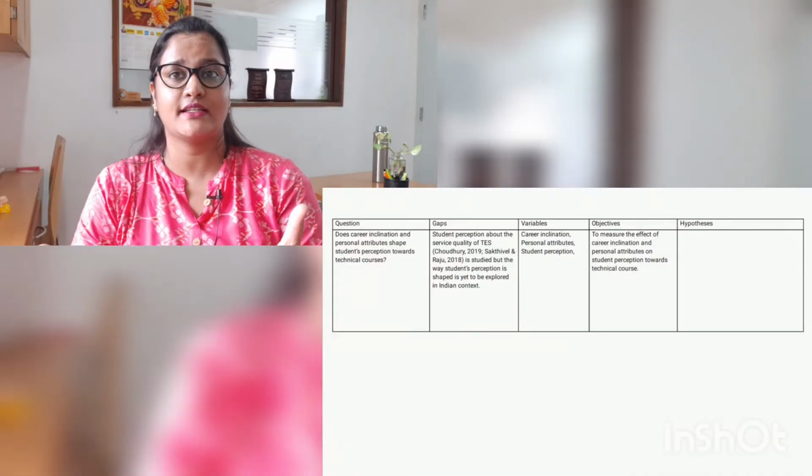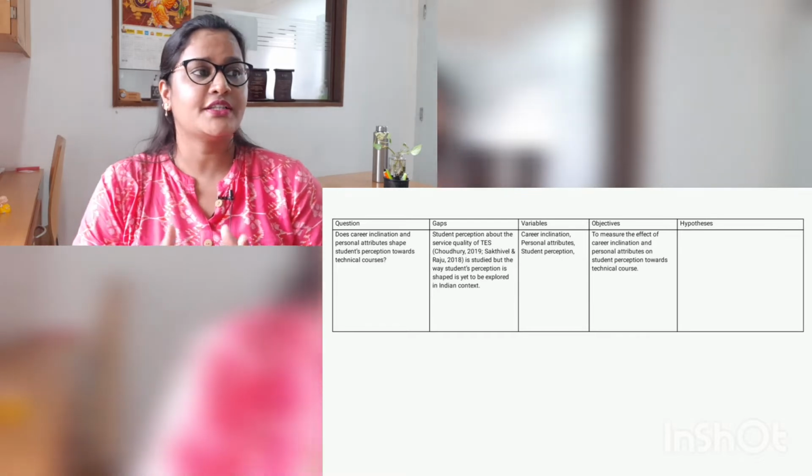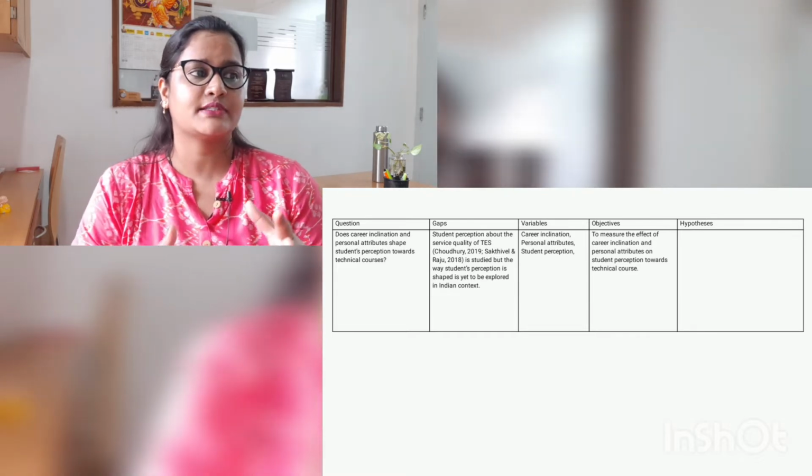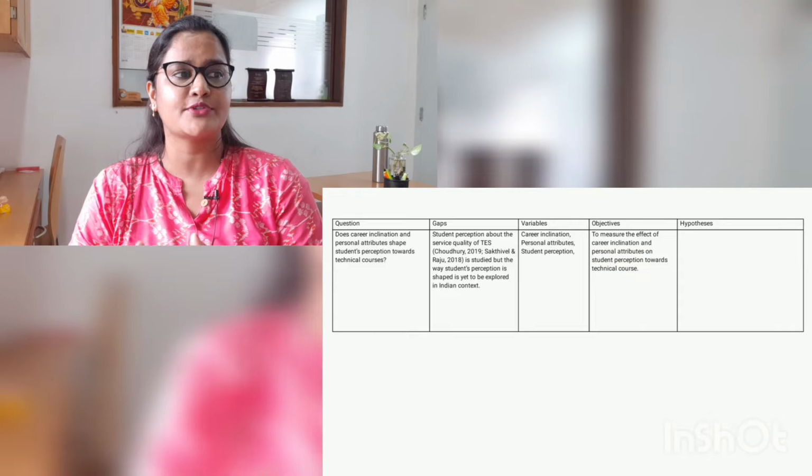Now based on my gaps and my variables, I'm pretty sure what my objectives will look like. I have written it like this: to measure the effect of career inclination and personal attributes on student perception towards the technical course. This was quite simple, doable, and achievable within the time frame I have in my organization, and I feel concrete about what I can do.